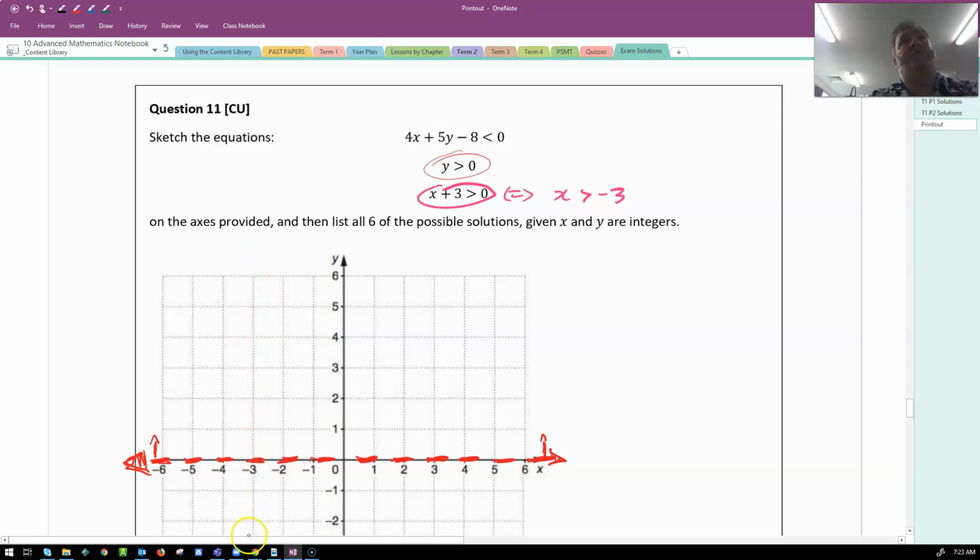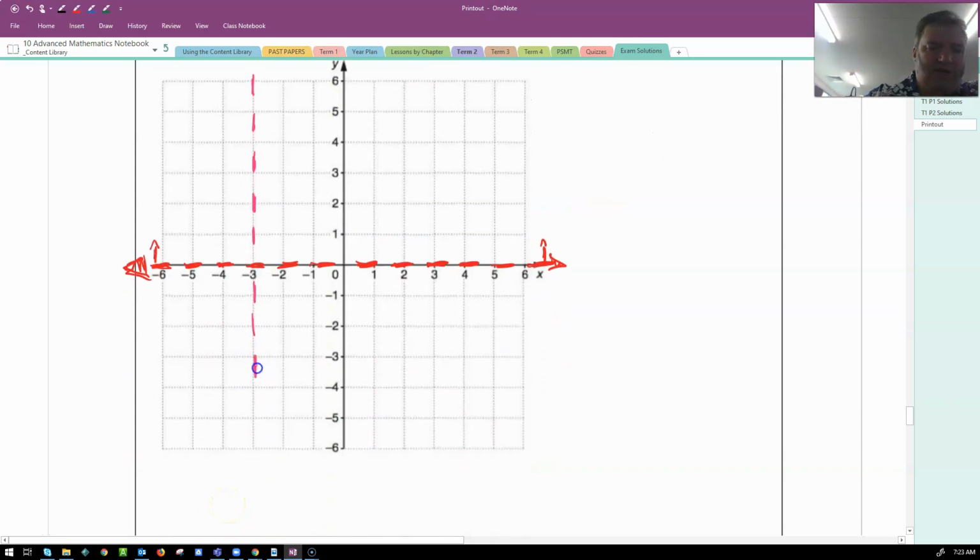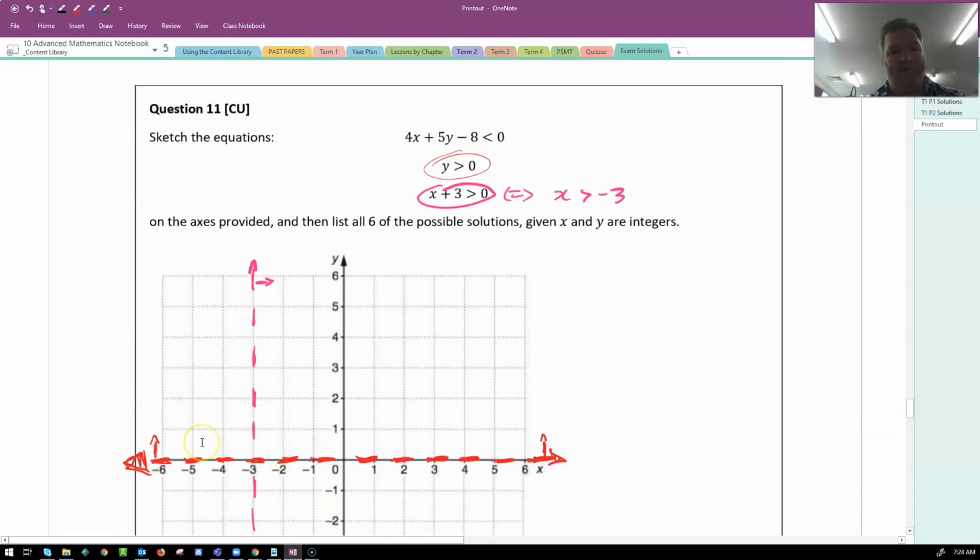Of course, this is a greater than question, so again a dashed line going through that section there. I want the region where the x's are greater than that. You can see straight off your number line, it's definitely to the right of that where my x's are greater than -3.